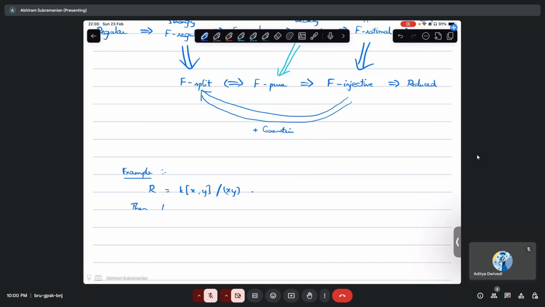Then R is F-split, but not F-regular. I mean, strongly F-regular.